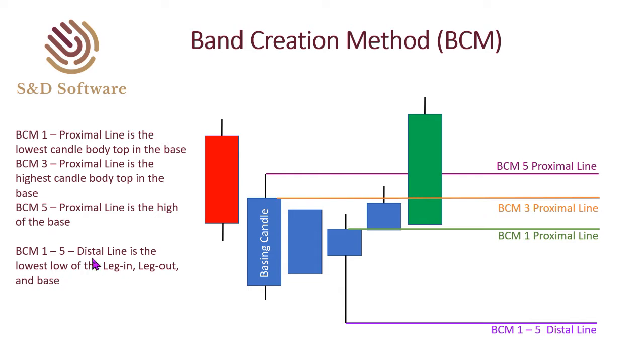And then the distal line is the lowest low of the leg in, leg out, or base, with this being the leg in, this being the leg out, and this being the base. And in this scenario, this would be the low. If for some reason you had a longer wick here, that could make a different distal. Same for the leg out.